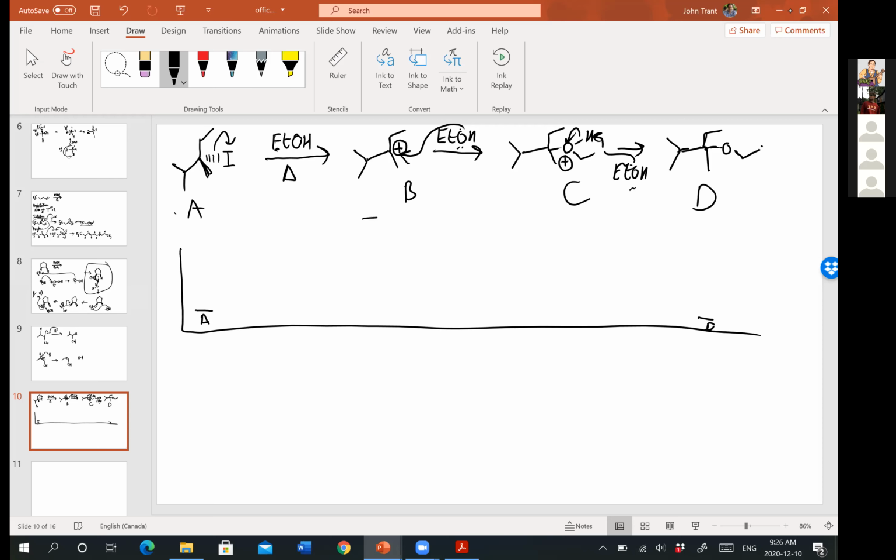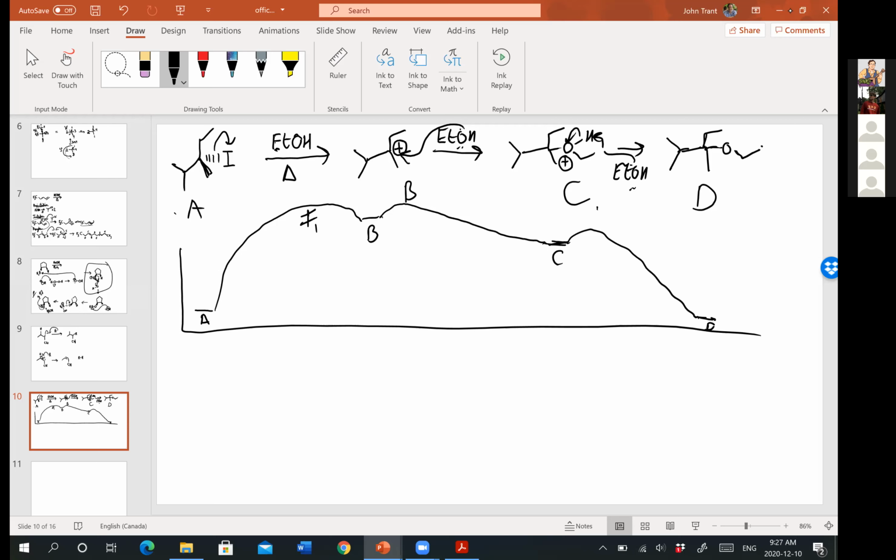B is a carbocation, so that's going to be very high in energy. C is an oxygen plus, it's going to be a little bit better than a carbocation. You need to have a little peak between each of them. Something like that.